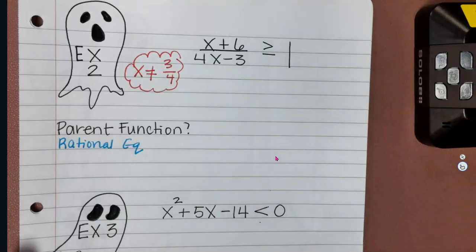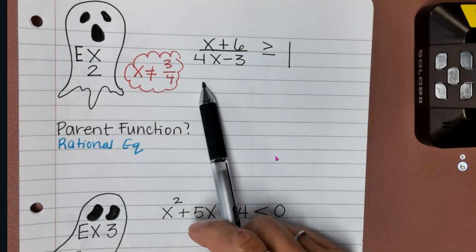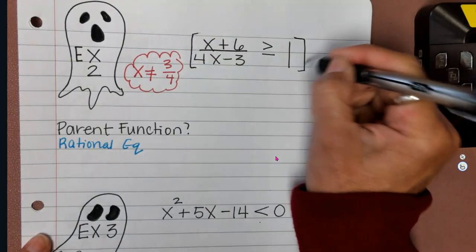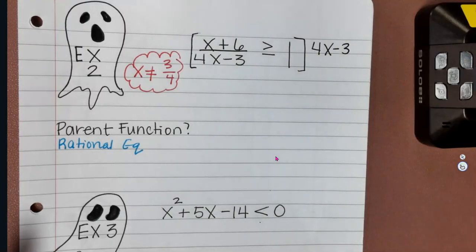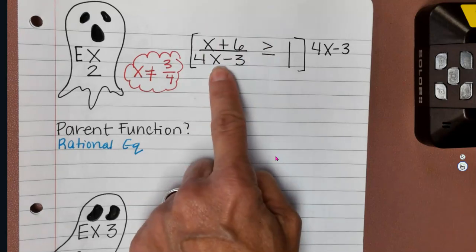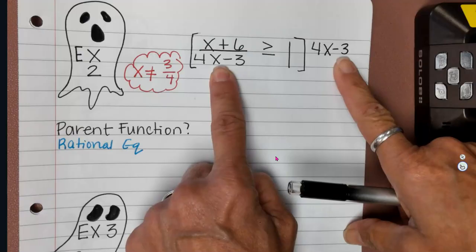Okay, speaking of other stuff, what I'm going to do is solve. And I can't solve when x is in a fraction, so I'm going to multiply by the LCD. The least common denominator is 4x minus 3. When I multiply 4x minus 3 to this side, that denominator and this are going to get canceled out.